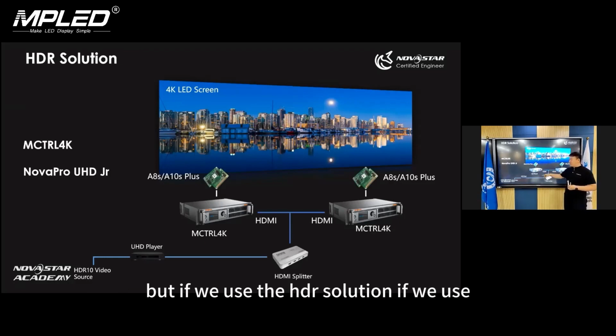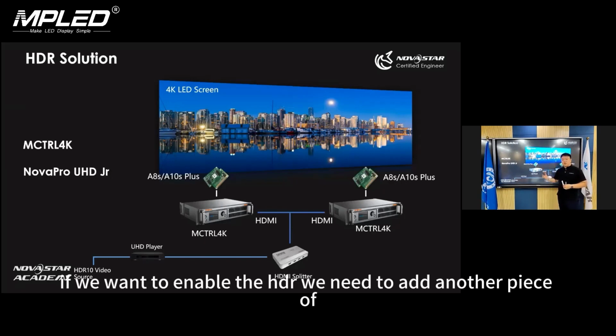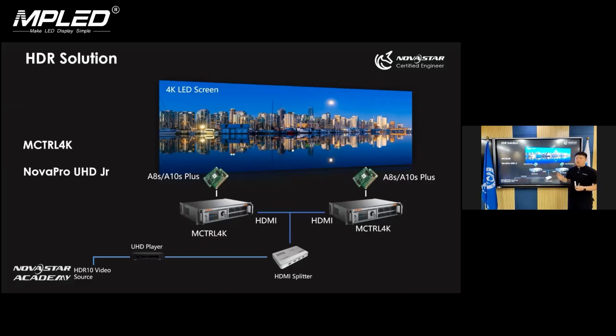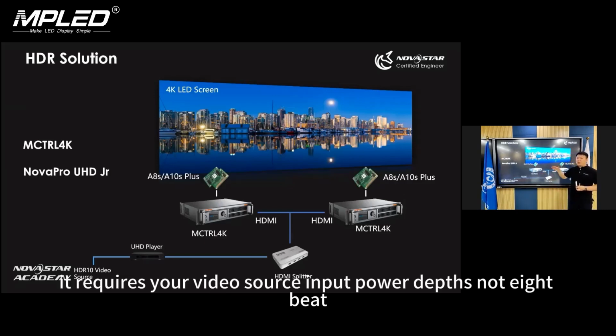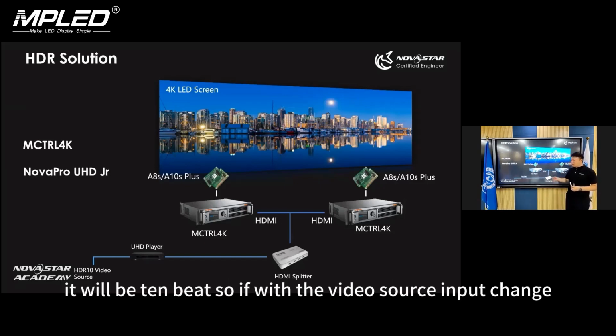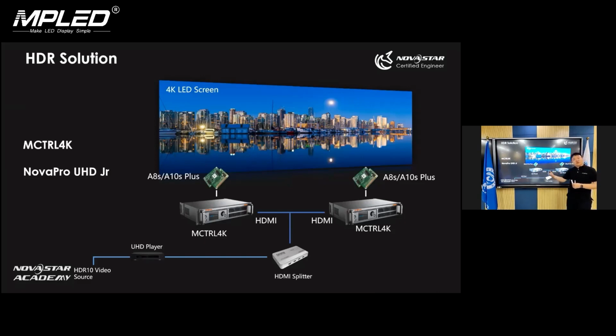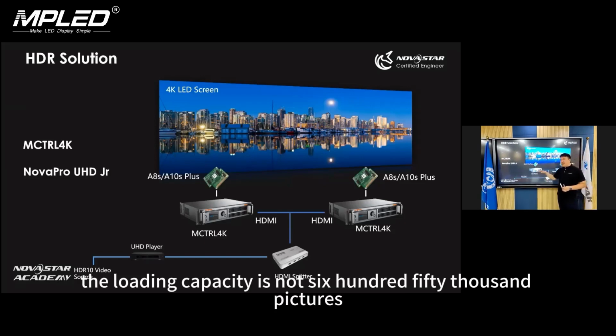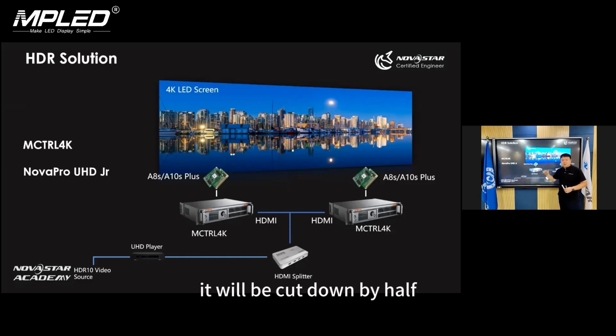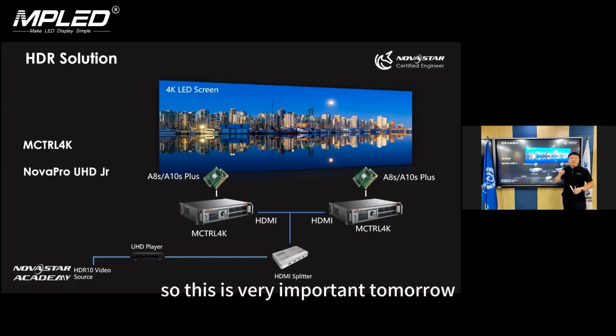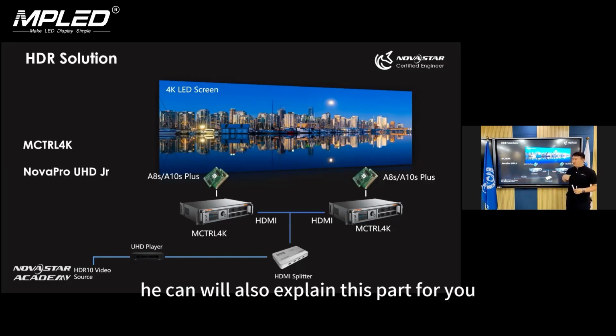But if we want to enable the HDR, we need to add another piece of ARM-Control 4K, because HDR requires your video source input color depth not 8-bit, it will be 10-bit. So if the video source input changes to 10-bit, the loading capacity is not 650,000 pixels. It will be cut down by half. So this is very important. Tomorrow, Deacon will also explain this part for you.